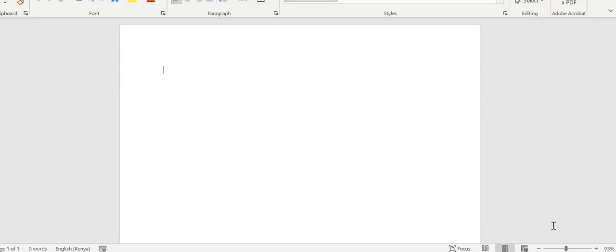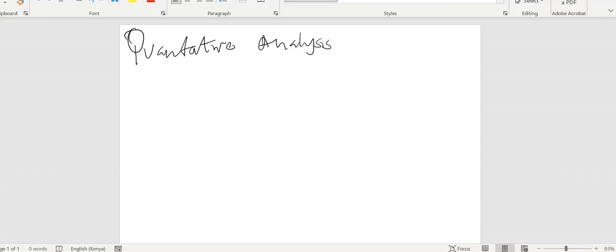The purpose of what we said yesterday is that quantitative analysis, so this is the QA section. We say it's a scientific approach used by management in terms of decision making.